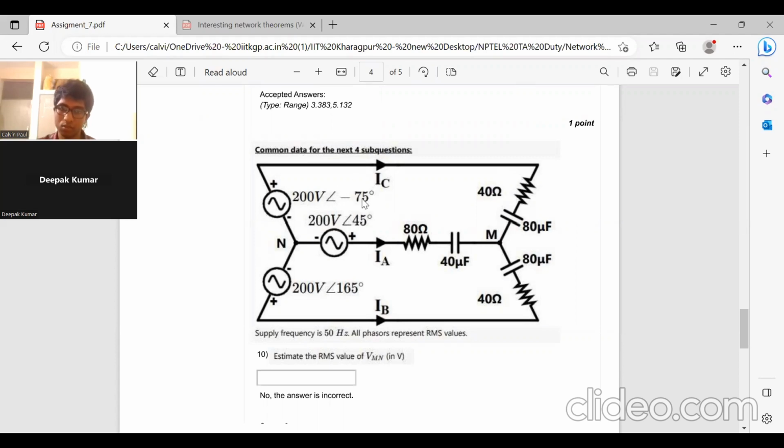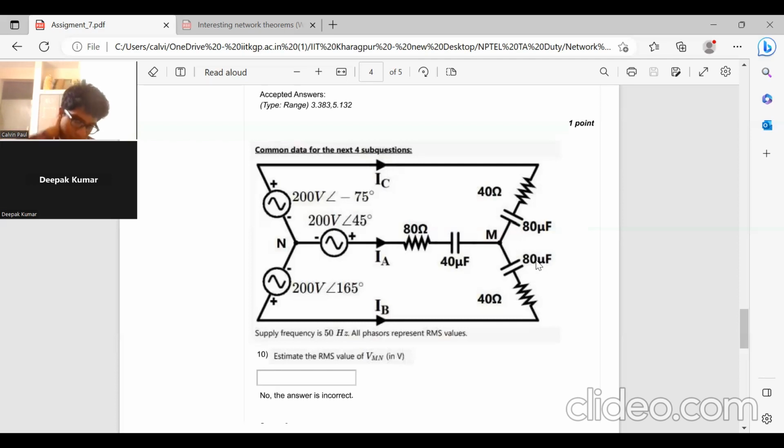So between these two, it is 120, but between this and this, it is not 120, and between this and this, it is not 120. And what we ideally want is the phase shift to be 120, the amplitudes to be equal, as well as the load which is connected also should be equal. But if we see over here, these two loads are equal, but this is double of these two loads.